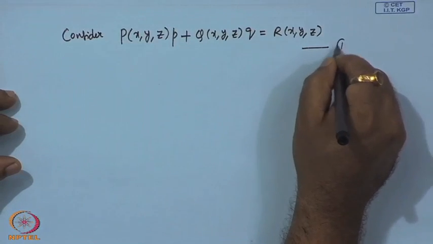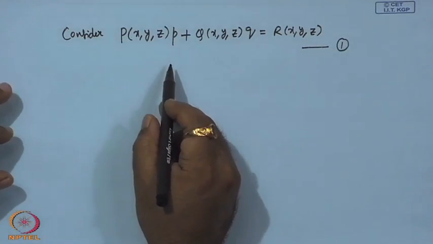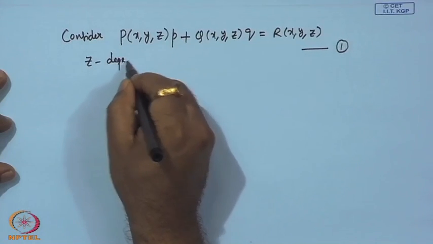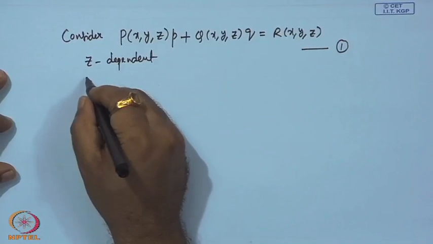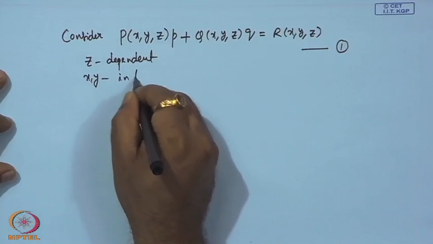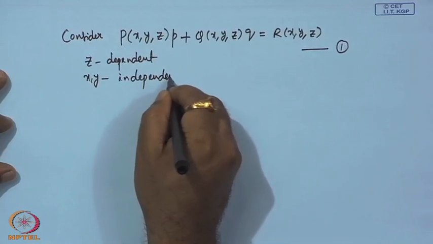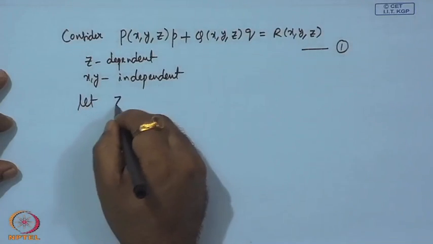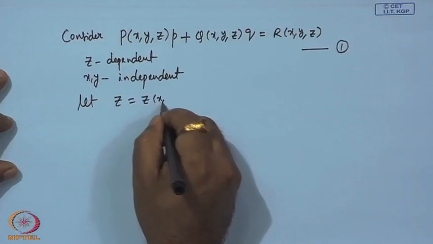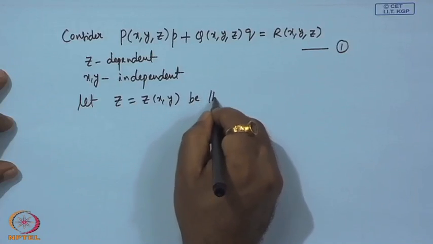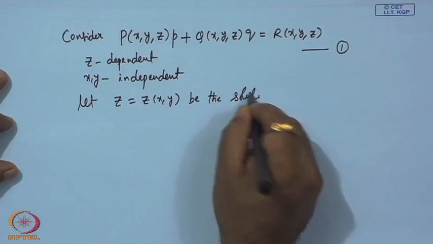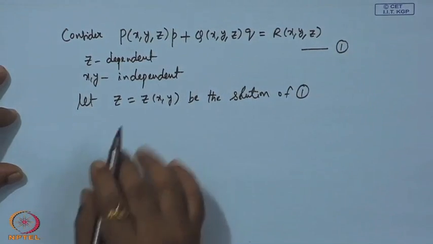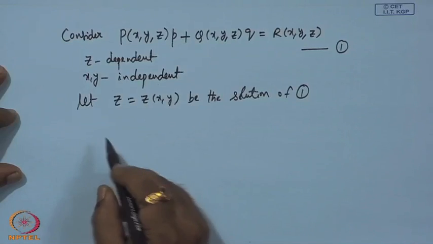So, this is quasi linear. z is dependent, and x, y are independent. Now let this be the solution of 1. Suppose this is a solution of 1, right.